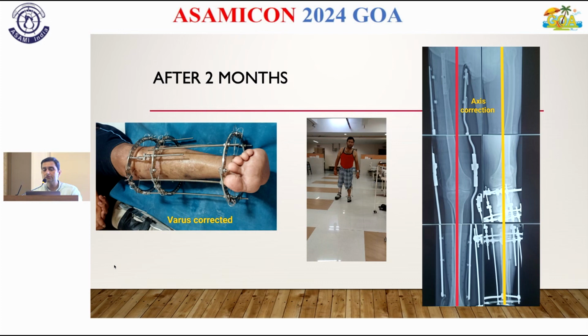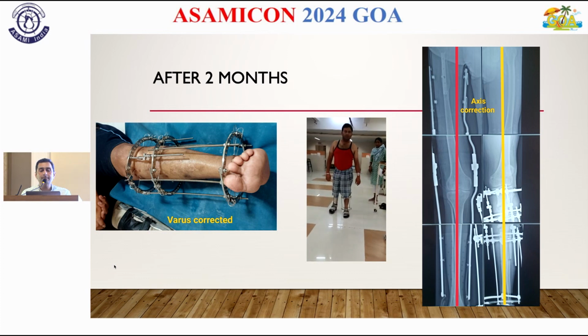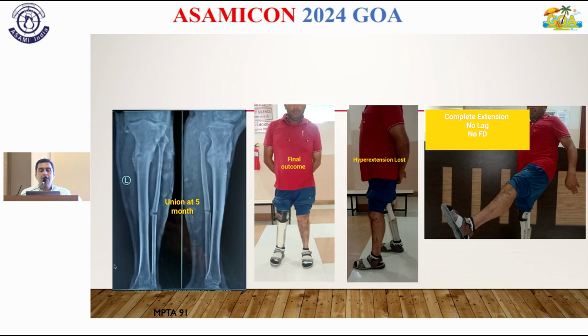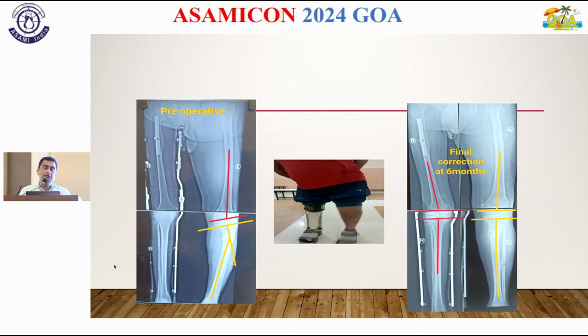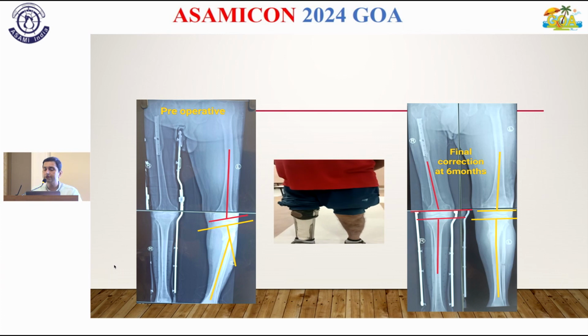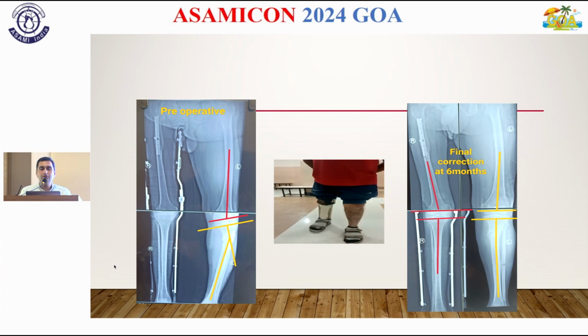And after 2 months, the varus was corrected, and the lateral subluxation and hyperextension were lost. And this is union at 5 months and the final outcome of the patient. This is the final range of motion at the end of 6 months, and the limb was protected for some time with a plaster cast.